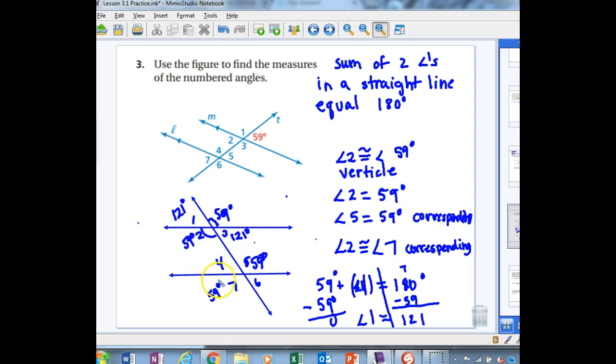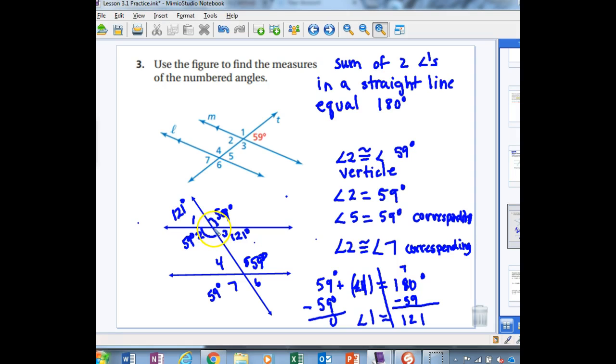Do I have corresponding angles that I can now find the measurement for? What is the position of angle 1? In these 4 angles, what is the position? Top or bottom? Angle 1 is where? Top.